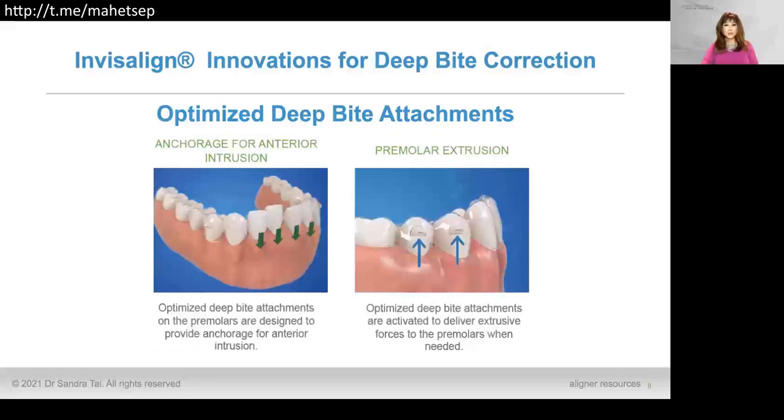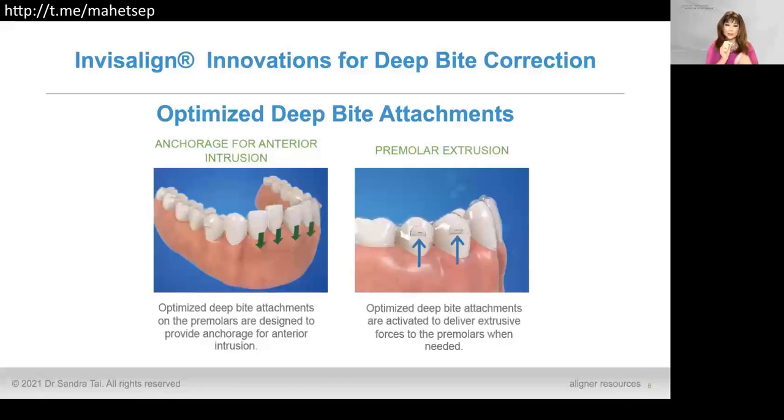The second innovation we want to talk about is optimized deep bite attachments. Now, optimized deep bite attachments look a little bit like this. They look like a little shield. There's a convex surface on top and a flat activated surface on the gingival. They can be passive or active.